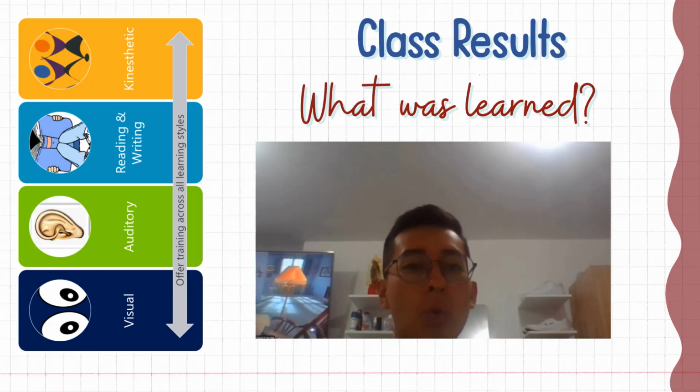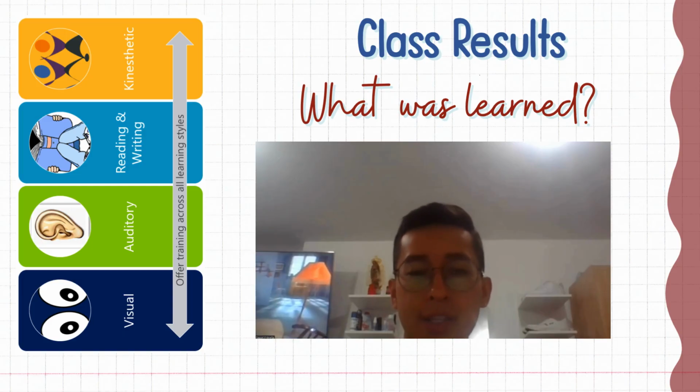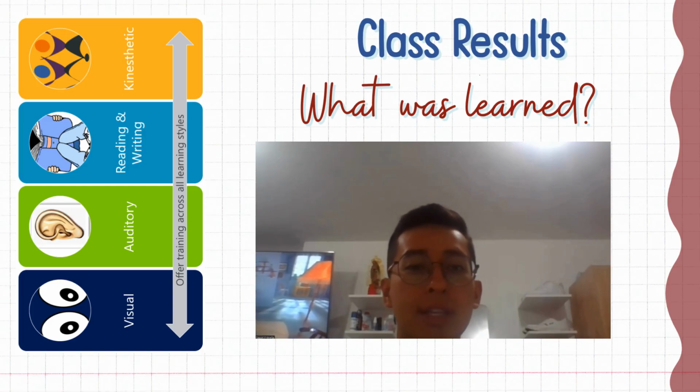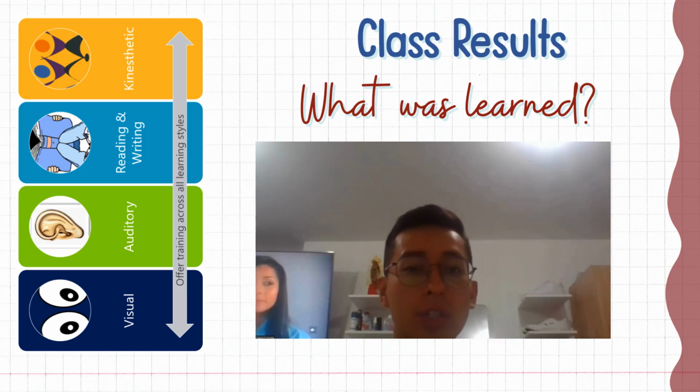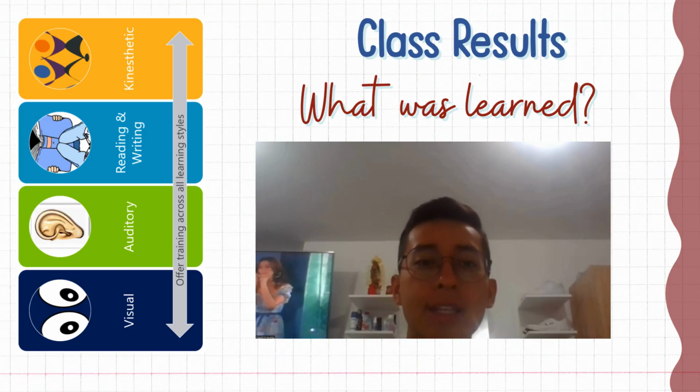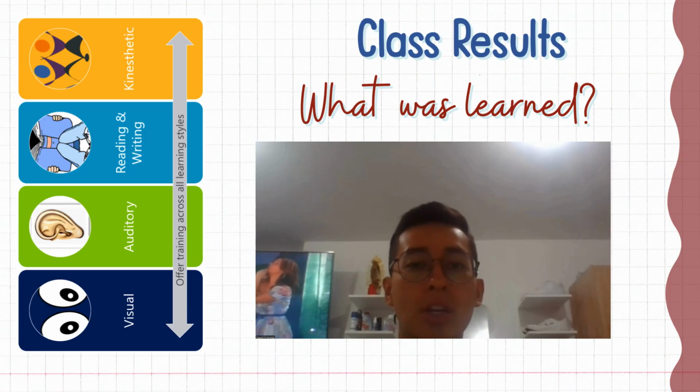In addition, we are able to apply different learning strategies according to our needs. For example, we can use visual materials, participate in discussions, or take written notes to improve our understanding and retention of information. This knowledge is important because it helps youth become more effective and independent learners.